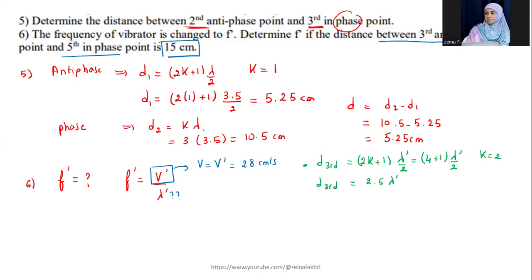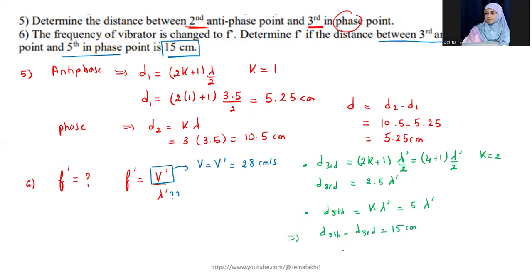Now the second hint: we have the distance of the fifth in phase. When I say in phase, this means k lambda prime, while k is equal to 5 here. So I get here 5 lambda prime. Now, as given, the distance between them is 15 centimeter. So this implies the distance of the fifth minus the distance of the third is equal to 15 centimeter.